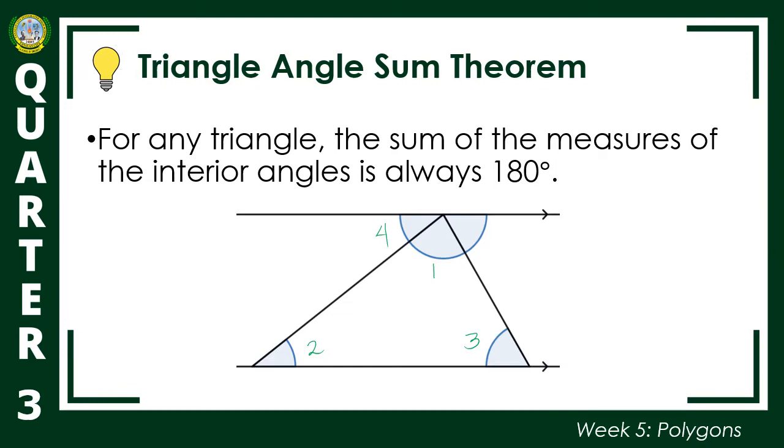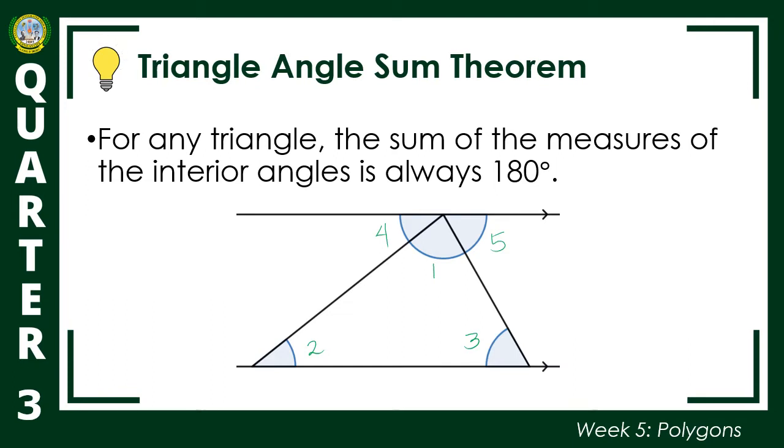Diba? Kasi kinat din niya yung ating parallel lines. Meaning, this angle 3 and this angle, which we will name as angle 5, they are also alternate interior angles. And since they are alternate interior angles, then they are congruent as well. Okay?